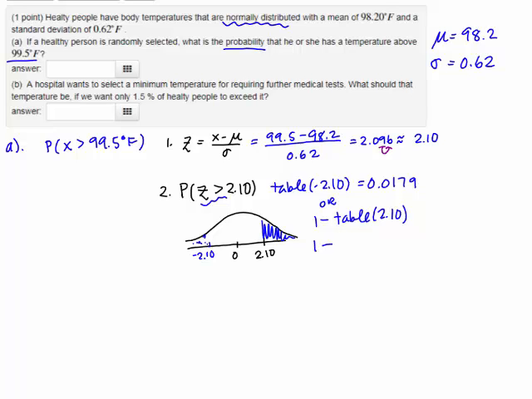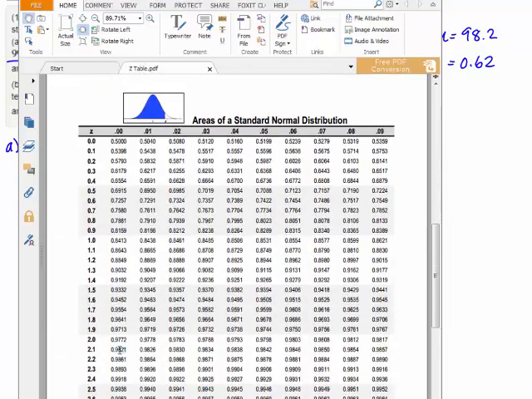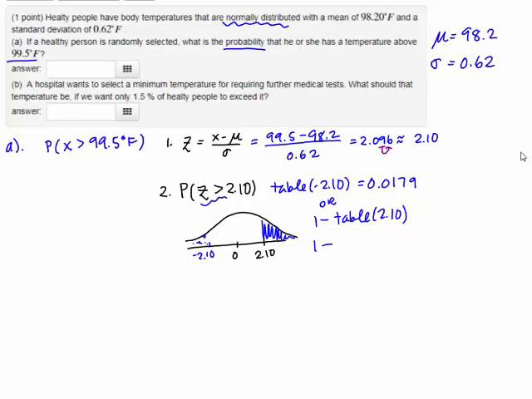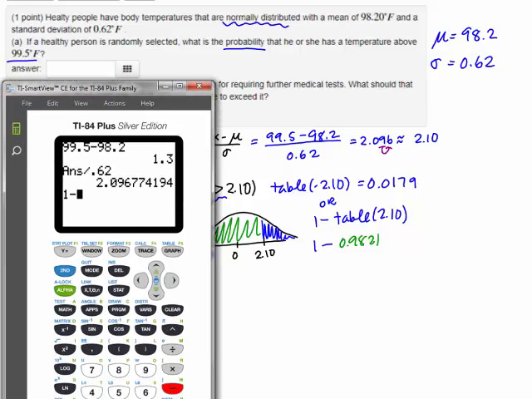Or 1 minus the area to the left of positive 2.10 should give me the same value. So positive 2.10 has an area to the left of 0.9821, and the area all the way to the left, that would be this area. 1 minus 0.9821 is 0.0179.